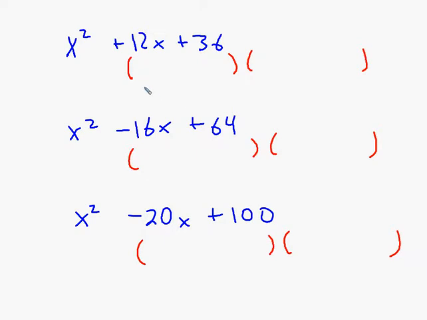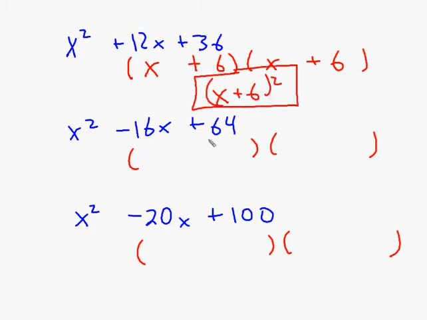Yes. Okay. Trey's going to give us the first one. I would give you x plus 6 in the same way. Yep, they're both the same. And we could write that as x plus 6 squared. Okay, someone else. What do you get for the second one?